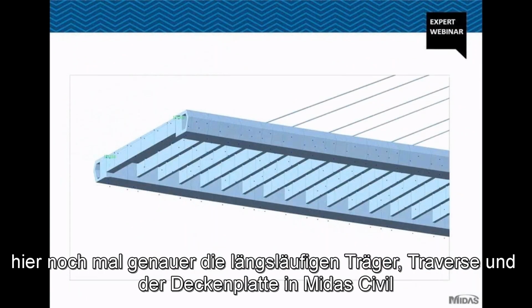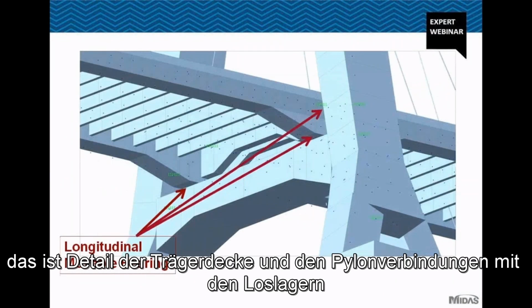We see more clearly here the detailed modeling of longitudinal girders, cross beams, deck slab, and stay cables using Midas Civil. This is the detailed modeling of the deck girder and pylon connection by assigning the movable bearings.